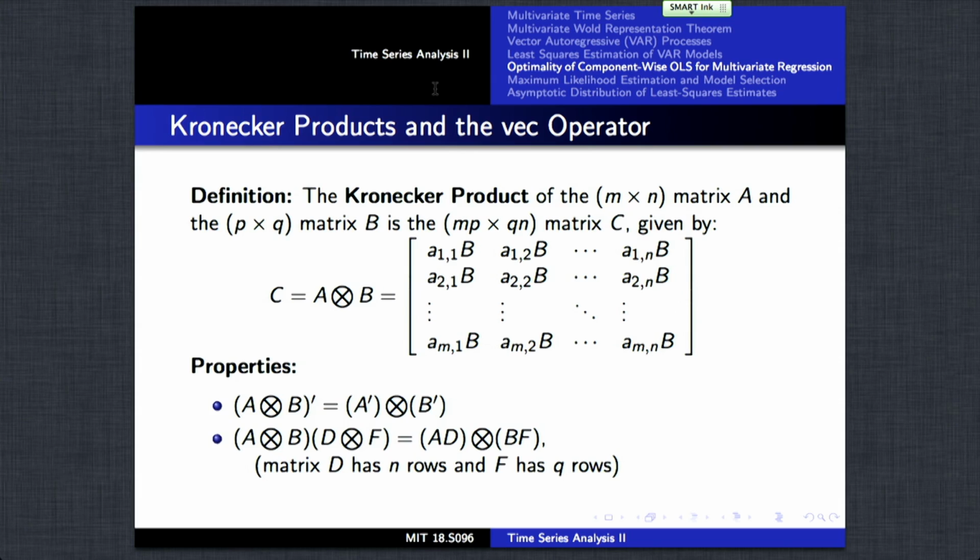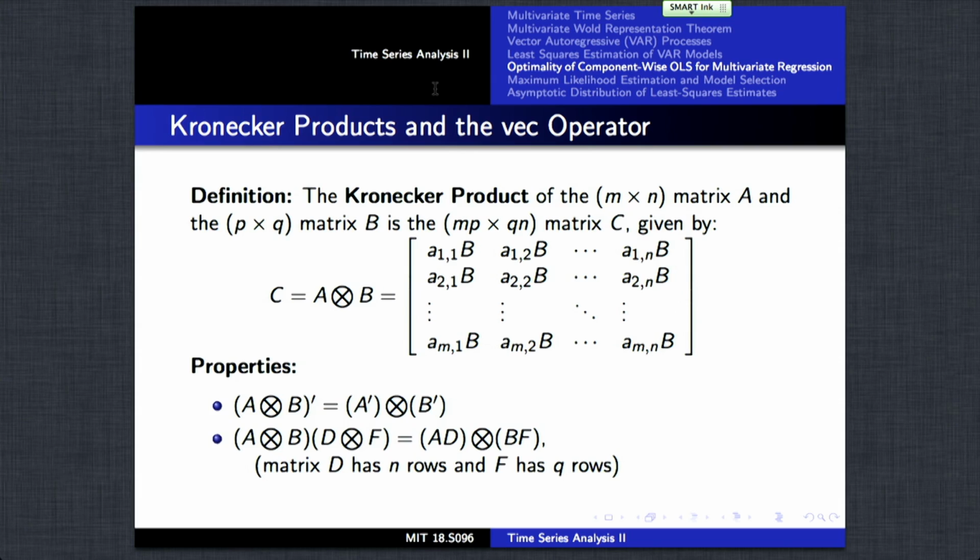This theory applies Kronecker products. We're not going to have any homework with Kronecker products. These notes really are for those who have some more extensive background in linear algebra. But there's a very nice use of these Kronecker product operators.